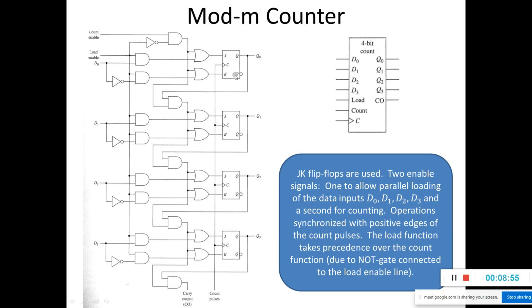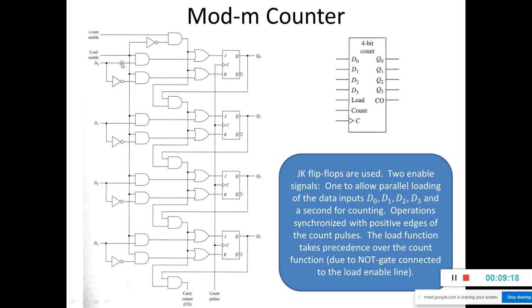So what happens here? The difference is that JK flip-flops are used and two enable signals are used, load enable and count enable. Load enable has higher priority than count enable. One is to allow parallel loading of the data inputs D0, D1, D2, D3, and a second one is for counting.